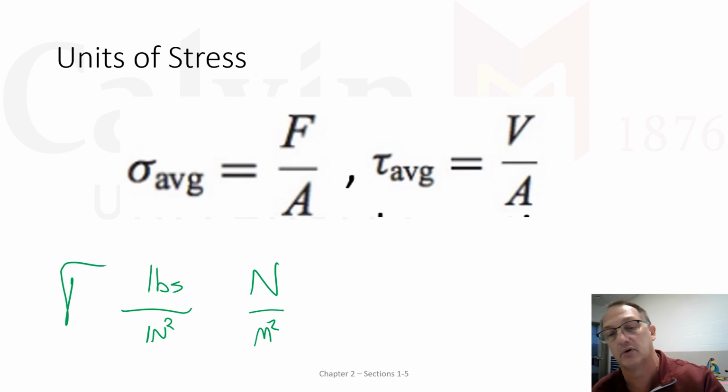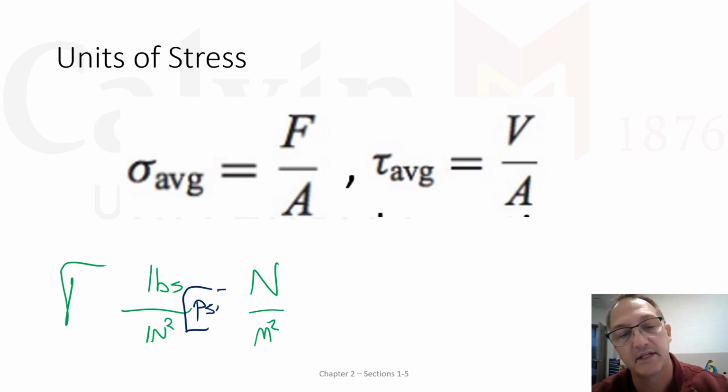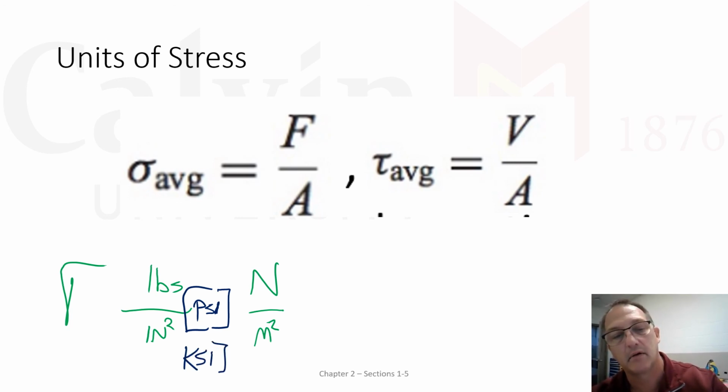Now, both of those have a derived unit, a different way of expressing it. We do it so often that pounds per square inch is just PSI. And if these numbers get really big, we may go to KSI. That's going to give us our English units. In the metric system, we're going to go to pascals.